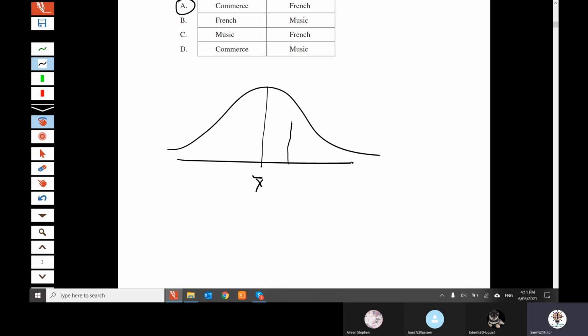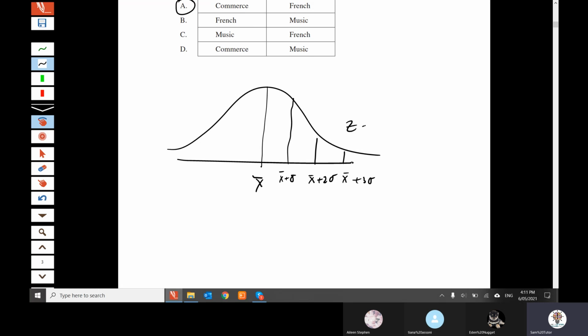And then 1 Z score to the right, or 1 standard deviation. That's 1 Z score right there. 2 standard deviations means 2 Z scores away. 3 standard deviations means you're 3 Z scores away, which means you're all the way up here.